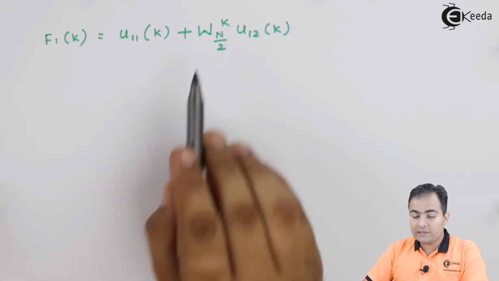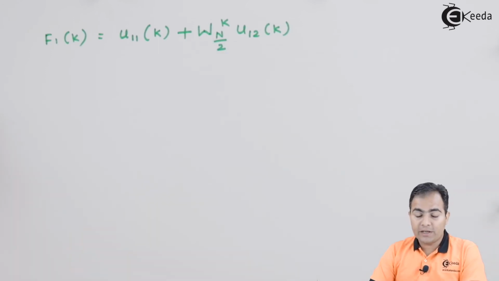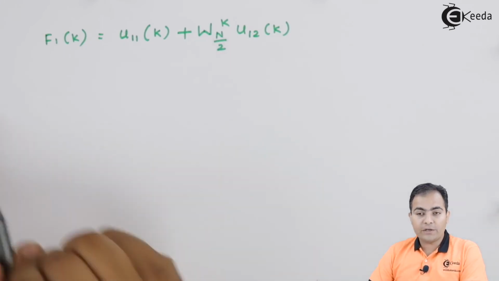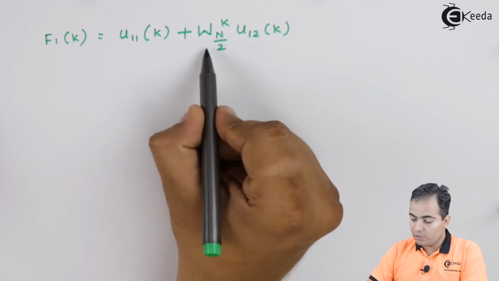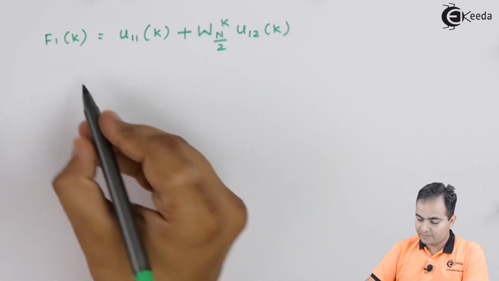That's why we have divided n by 2. So if n is divided by 2 and we are doing the calculation for 8 points, then 8 by 2 is 4. So this whole part is replaced by omega 4 to the power k.